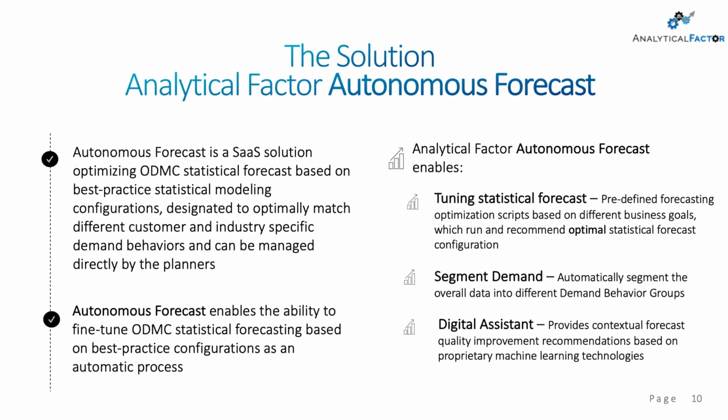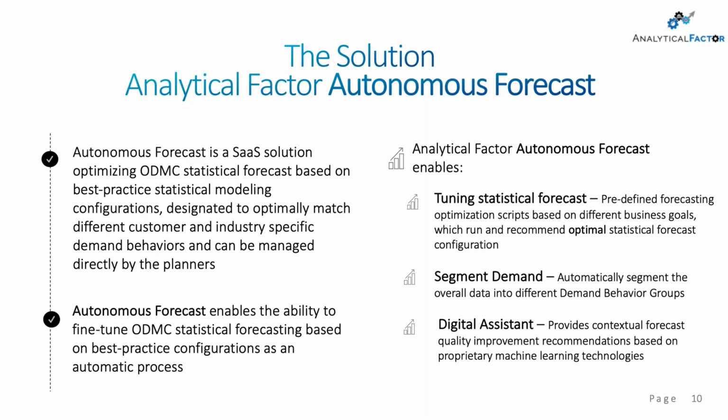It also enables you to configure and run segmentation. The segmentation can then impact the number of forecasting profiles you're going to have, so every segment can serve as the basis for a specific forecast profile for that segment only. And the last one is the digital assistant, which I'm also going to show you in the demo.